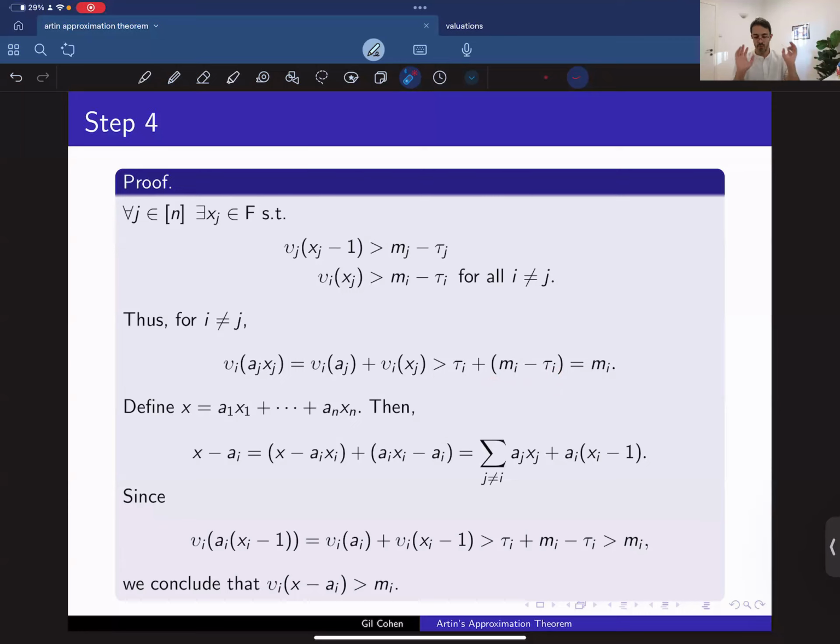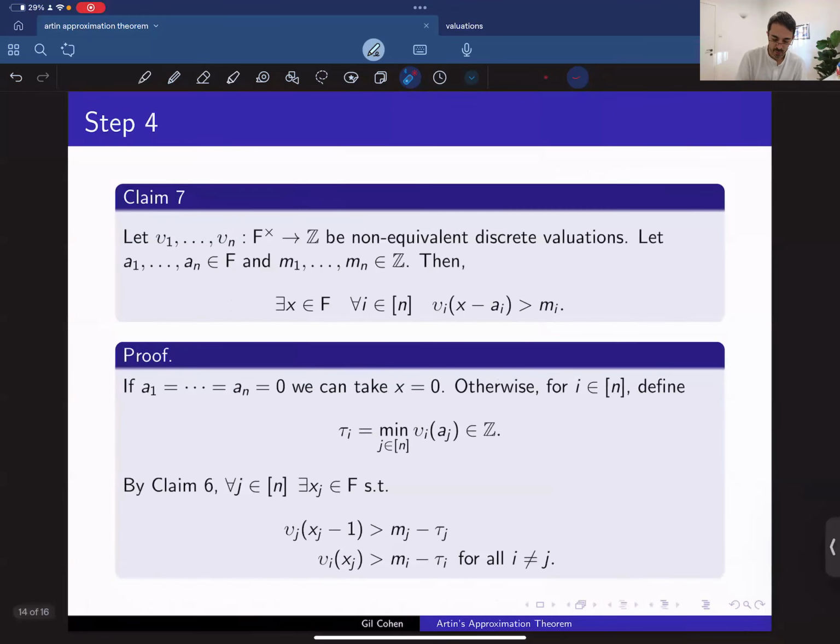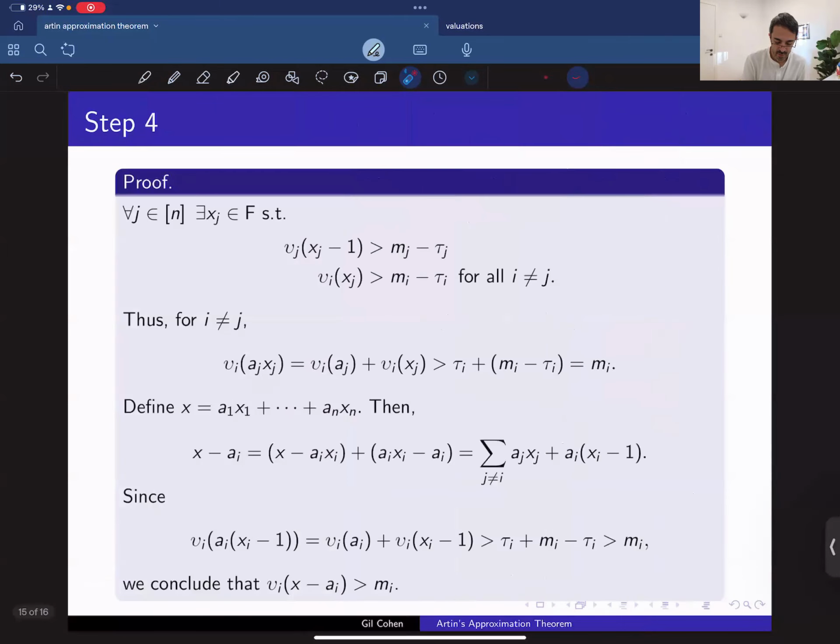Okay, so with that in mind, let's look at x minus ai, because that's what we want. Let's write it as x minus ai xi, adding and subtracting, plus ai xi minus ai.